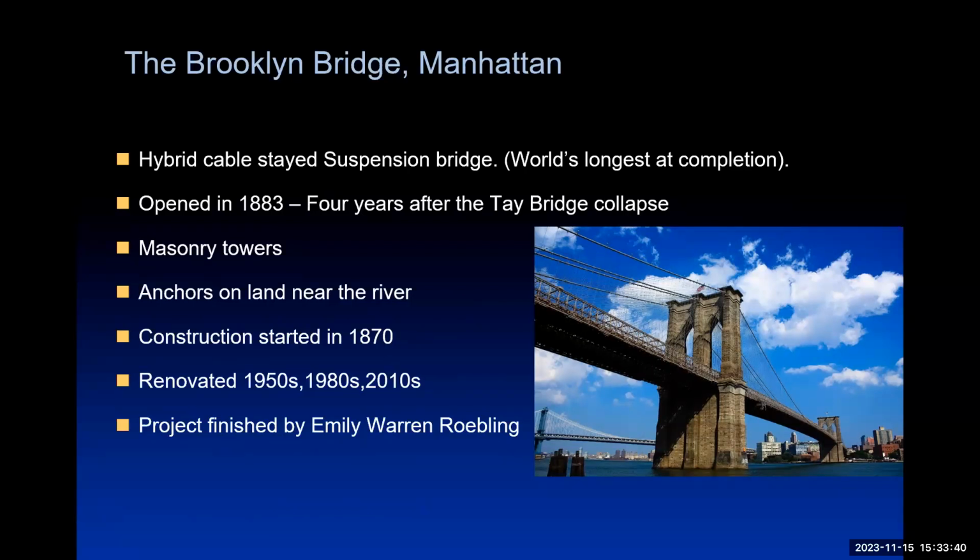There's a very interesting occurrence that occurred, though. On the Manhattan side and on the Brooklyn side, the towers were built on caissons, and the caissons were filled with air under pressure, so that removal of earth could occur until they got down to bedrock.